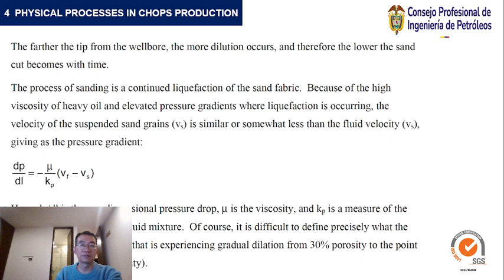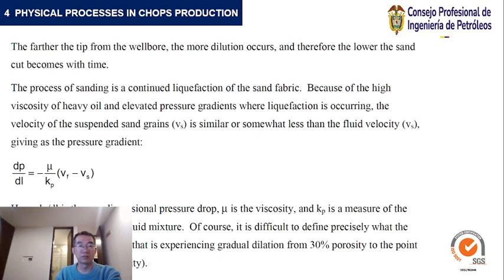The process of sanding is a continued liquefaction of the sand fabric. Because of the high viscosity of heavy oil and elevated pressure gradients where liquefaction is occurring, the velocity of the suspended sand grains is similar to or somewhat less than the fluid velocity, given by the pressure gradient.